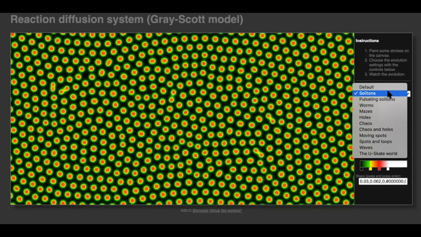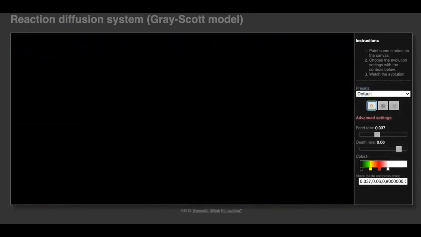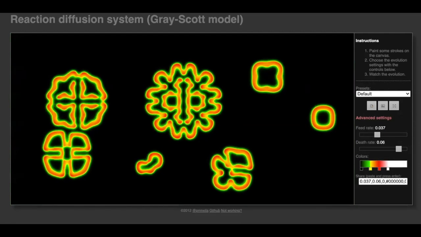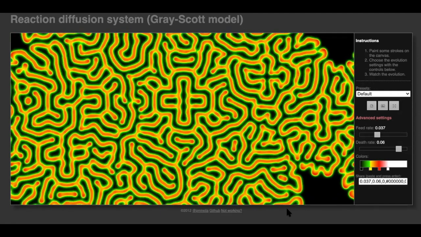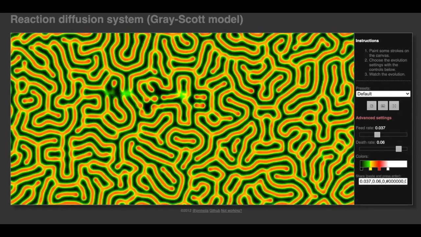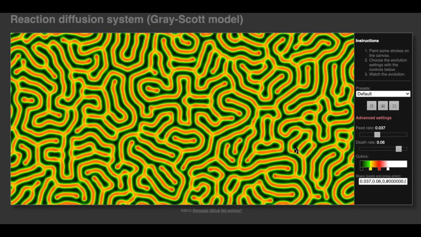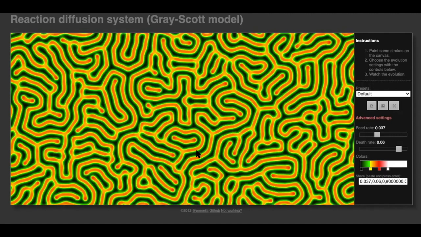So there are, again, different modes, right? So this one is also very interesting. So let's start with this one. You get, again, a pattern formation. And it takes some time before the system reaches a steady state. And this is now a reaction diffusion pattern, which can be at very large length scales.